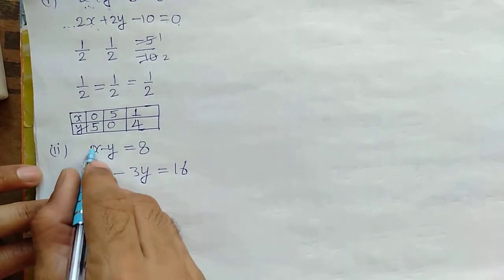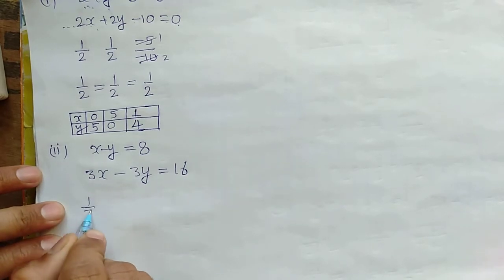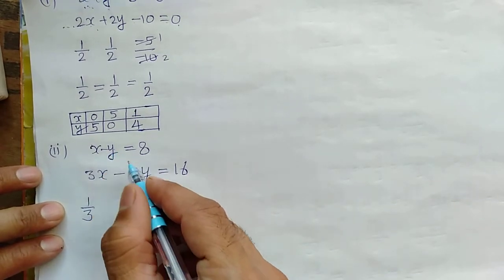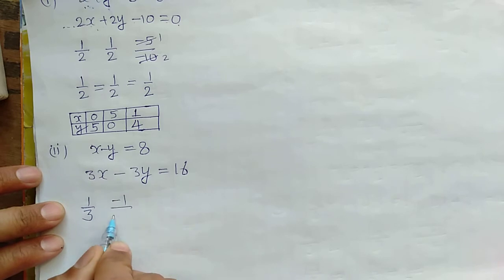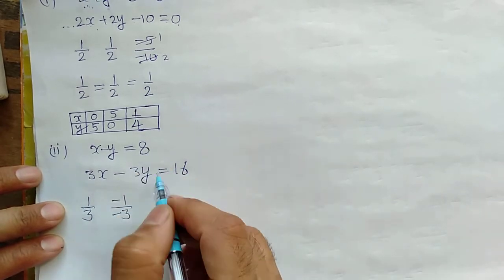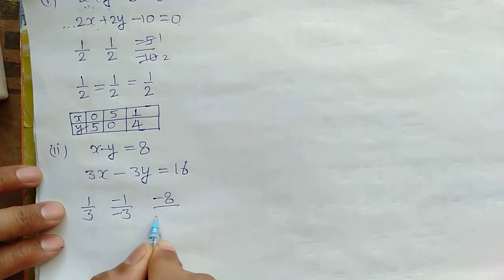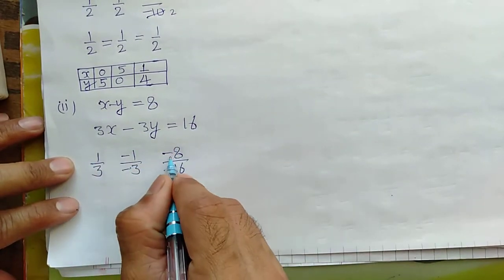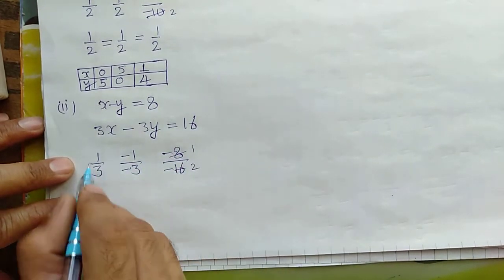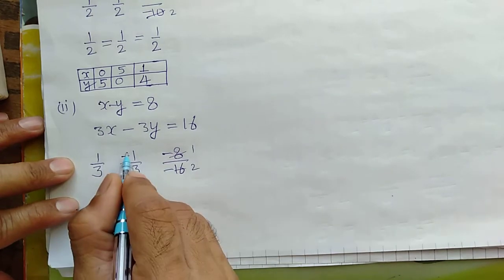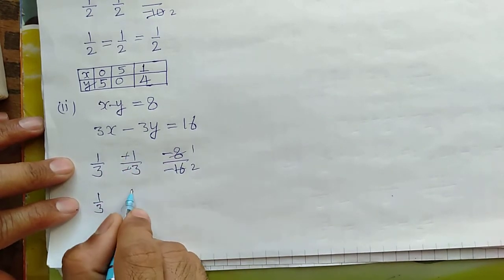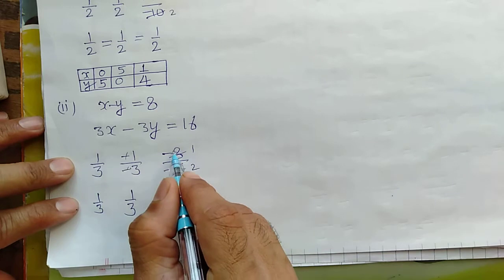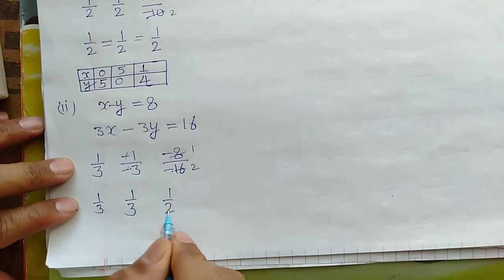Now their ratios: a1 upon a2 is 1 upon 3, b1 upon b2 is minus 1 upon minus 3, c1 upon c2 is minus 8 upon minus 16 by transposing. So 1 upon 3, 1 upon 3. This is 8 ones are 8, 8 twos are 16. So we have 1 upon 3, and minus and minus cancel. This is 1 upon 3, and minus and minus cancel. This is 1 upon 2.